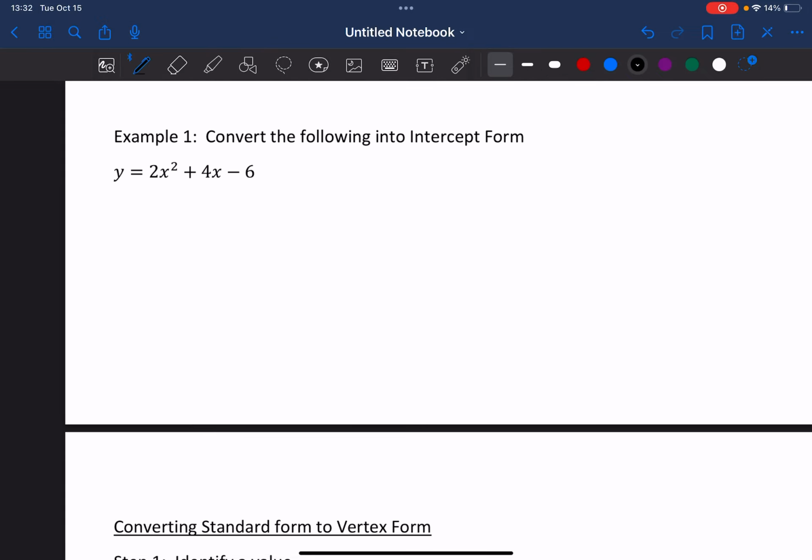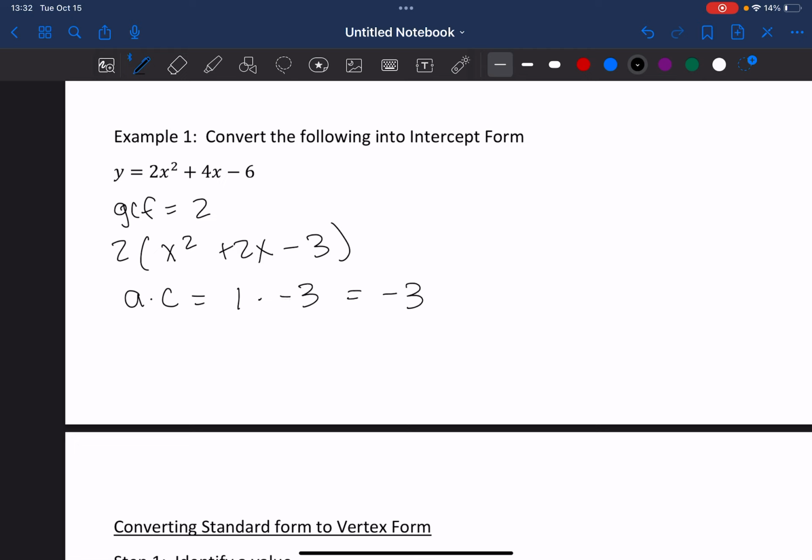So first, we're going to see if we have a GCF. Our GCF is going to be 2, which means that we have 2 parentheses x squared plus 2x minus 3. My A times C is 1 times negative 3, which is negative 3.